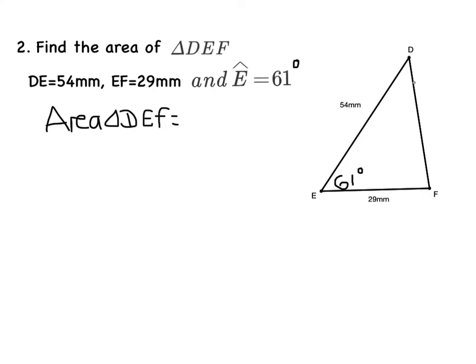Now think about this. I want to use angle E, so I want to end with sine E. That means I need little d and little f to go over here. Now really I'm working backwards here, but you'll get the idea.